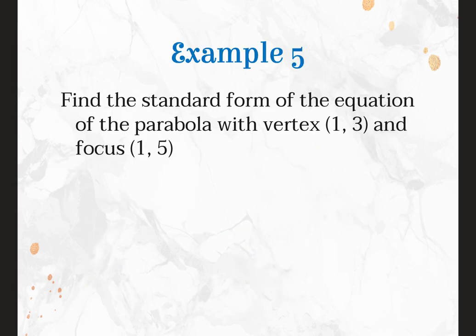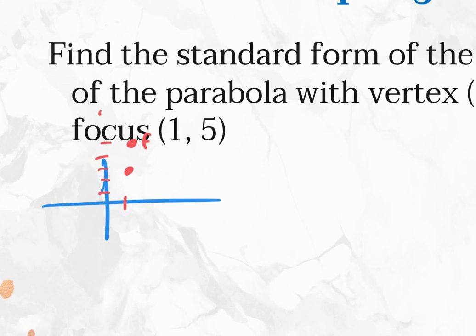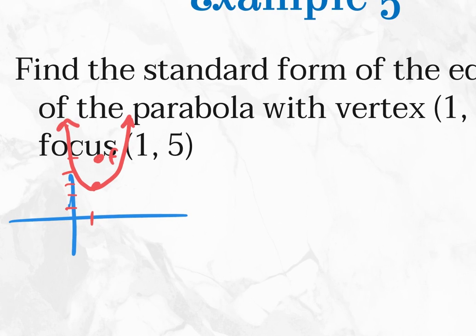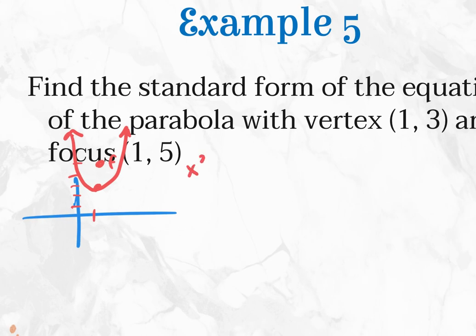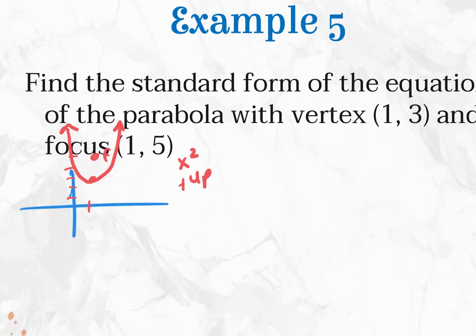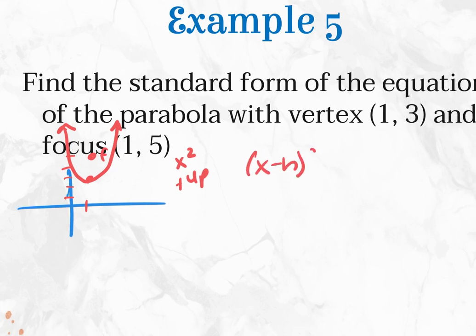All right. Find the standard form of the equation of the parabola with a vertex at 1, 3 and a focus at 1, 5. So I got a vertex at 1, 3, and a focus at 1, 5. Which direction is this parabola going? Up. So that tells me it's an x squared and a positive 4p. So I'd get x minus h squared equals 4p times y minus k.